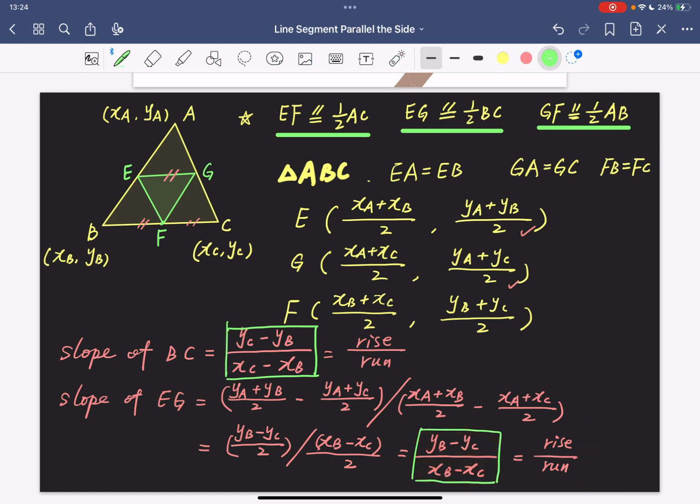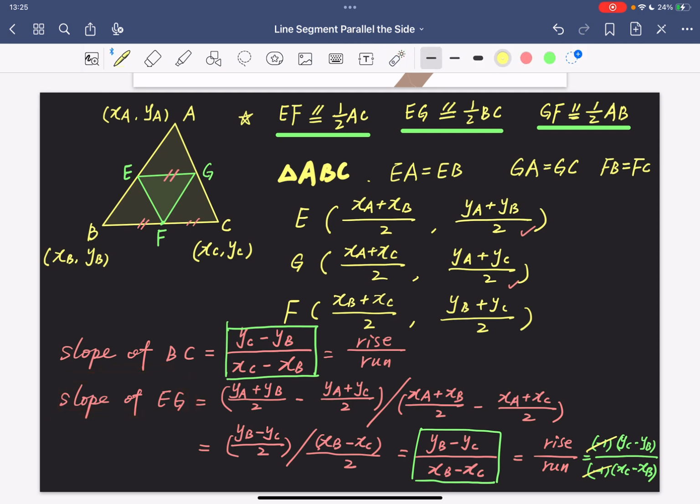So you will get the following result. This one, xc minus xb, they will cancel out. So just this part is left. You will find this expression is just this expression. So we get the slope of BC equal to the slope of EG.